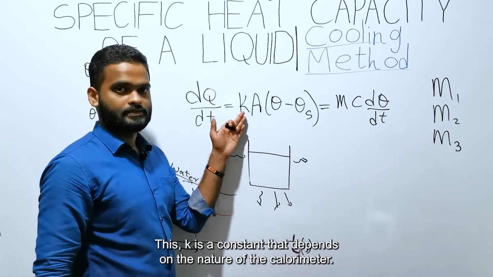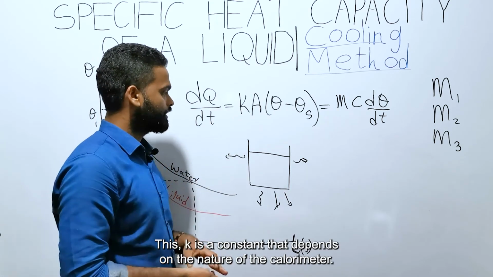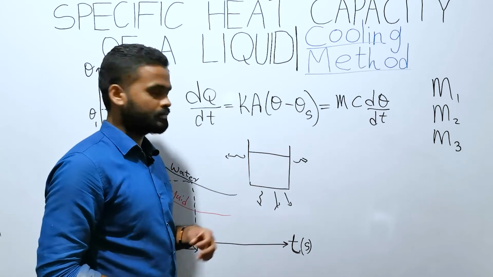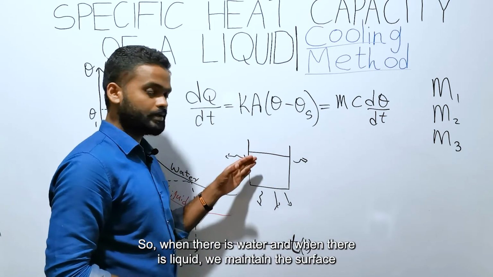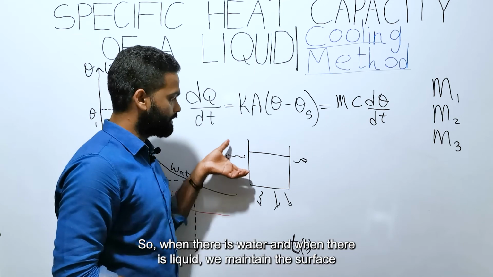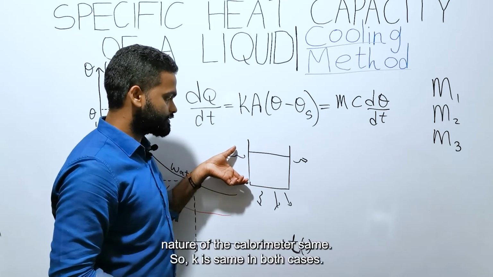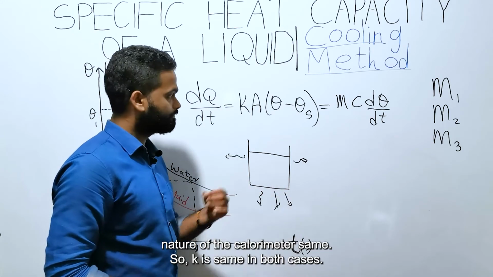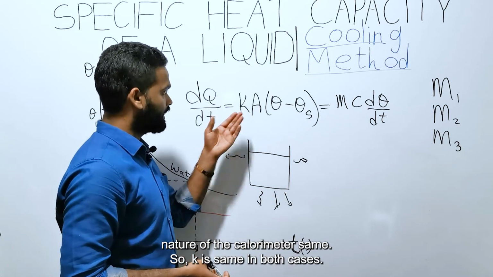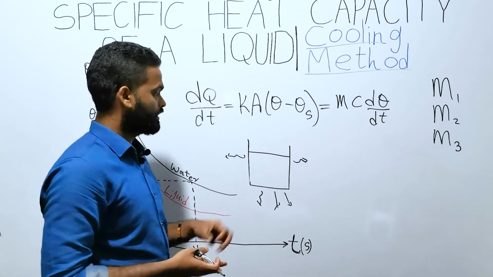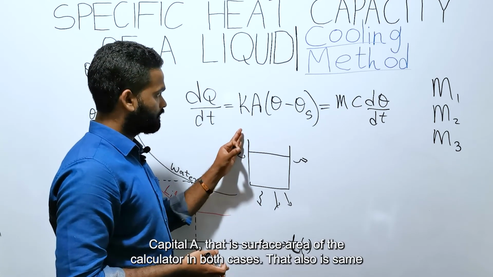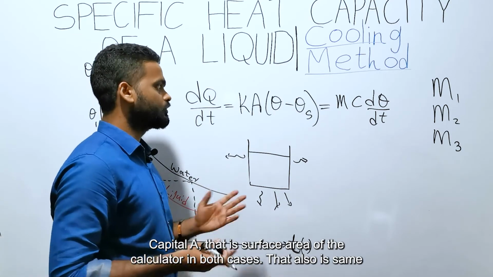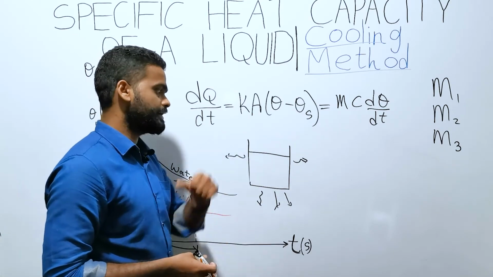This K is a constant that depends on the nature of the calorimeter. So when there is water and when there is liquid, we maintain the surface nature of the calorimeter same. So K is same in both cases. Capital A, that is the surface area of the calorimeter, in both cases, also is same.